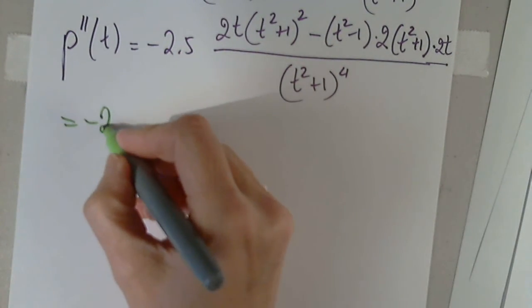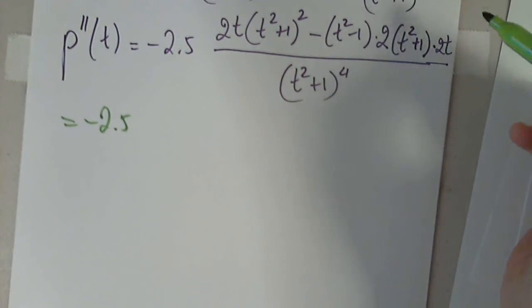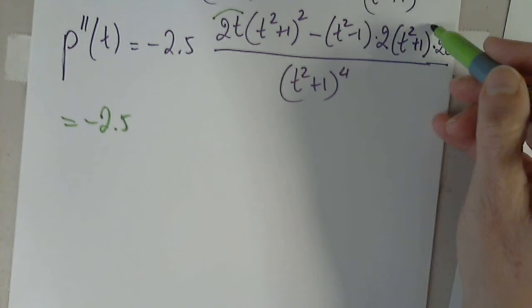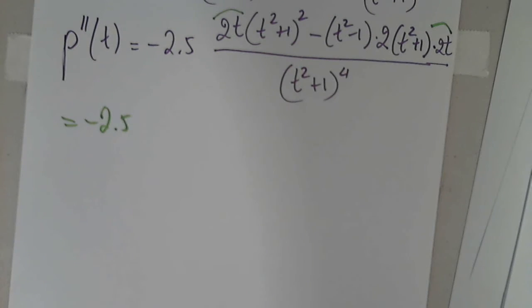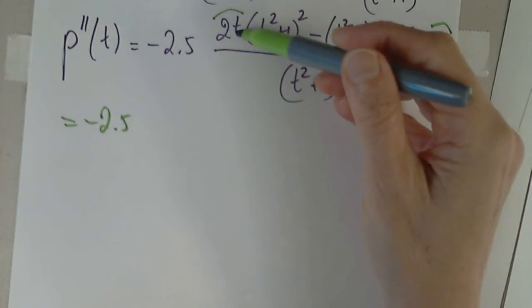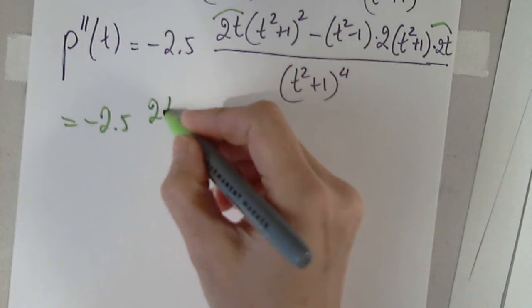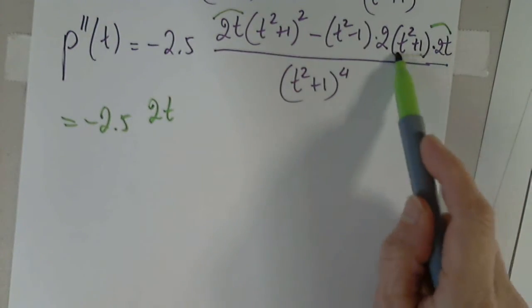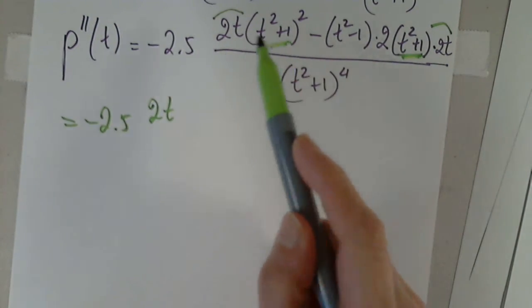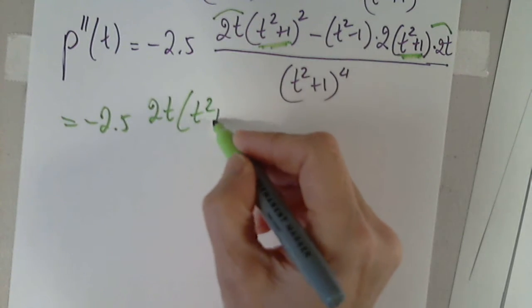The negative 2.5 will stay outside, but I see these two terms. We see that 2T is a common factor. We also see that T squared plus 1 is a common factor.